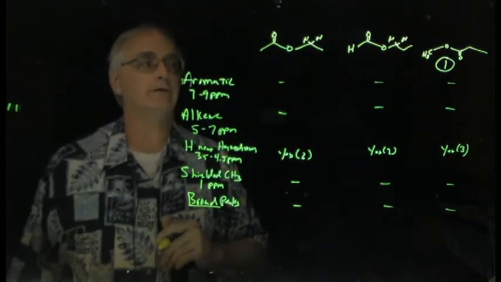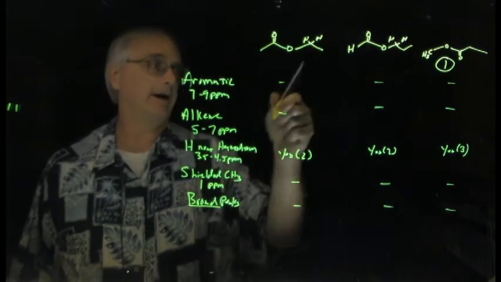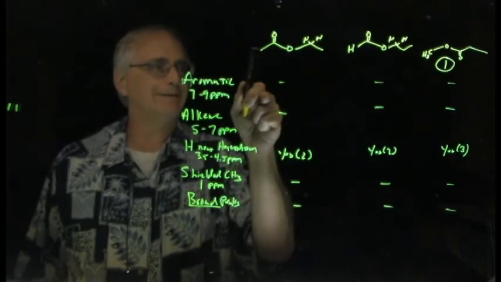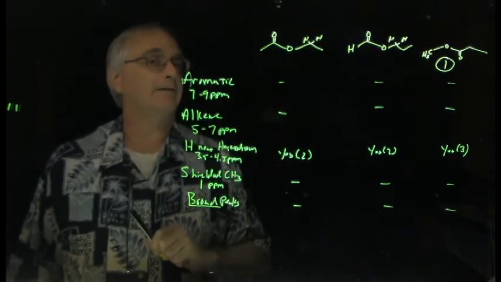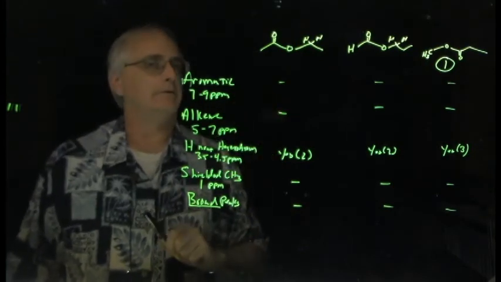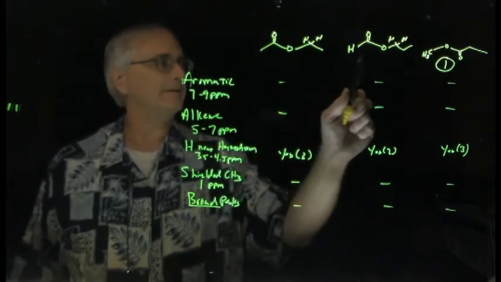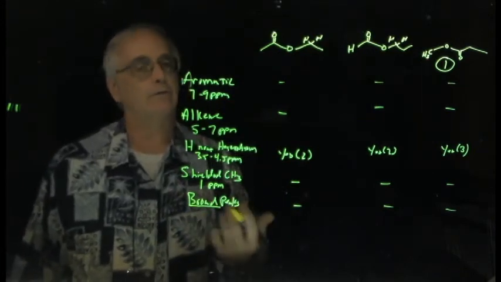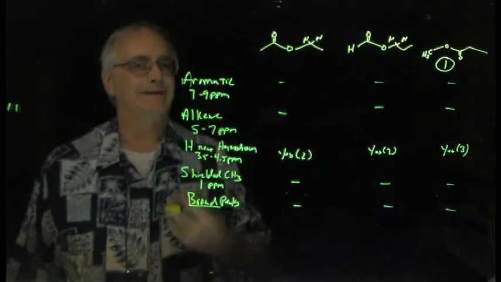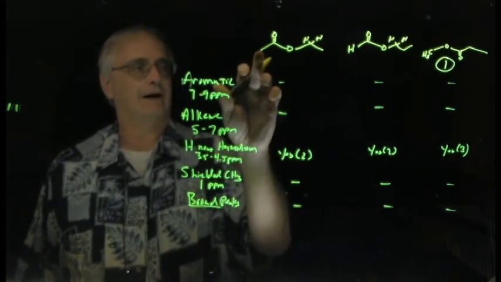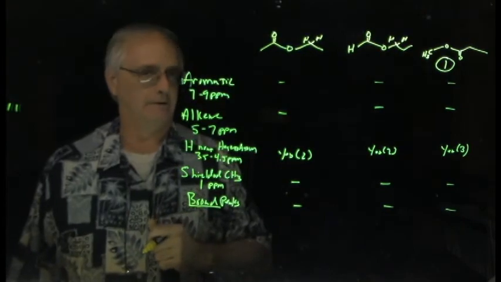One of them is simply the methyl groups. Now, they both have a shielded methyl group, so that's not going to help us. But this one, and only this one, has a second methyl group, a signal that would integrate all the way to 3. This one does not. So if we look at the remaining 2, spectrum 2 and 3, if we see another signal integrating to 3, then that is strong evidence that it's going to be this molecule.